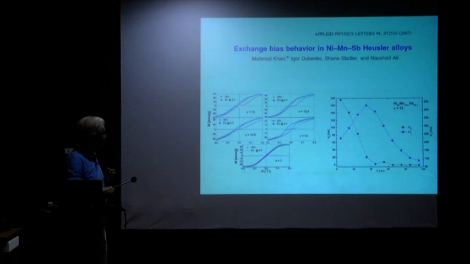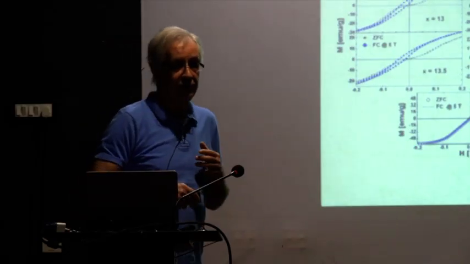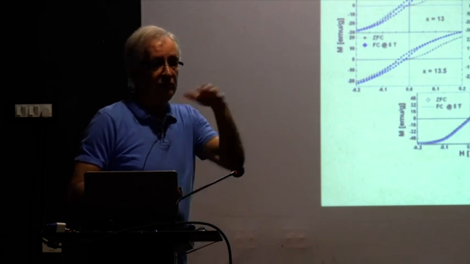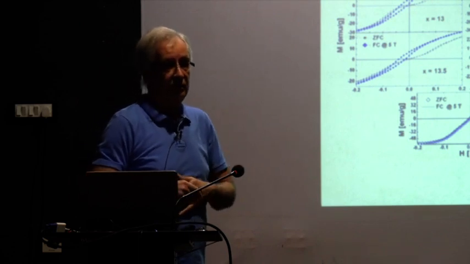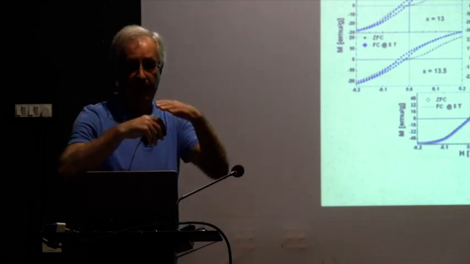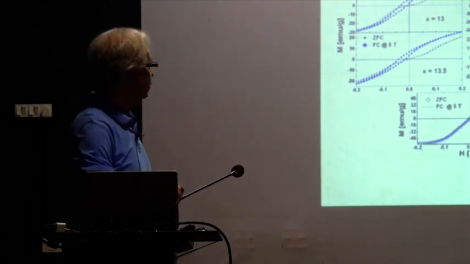And when you measure the magnetization up and down, it's symmetric about the origin, because there is no preferred direction given to the coupling between the ferromagnetic and the antiferromagnetic.